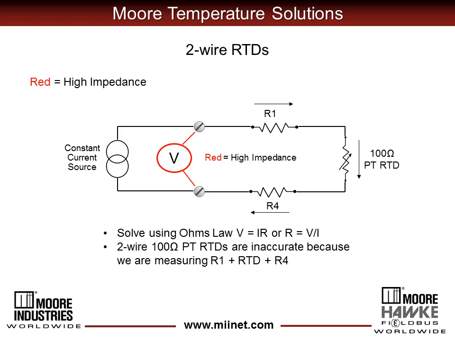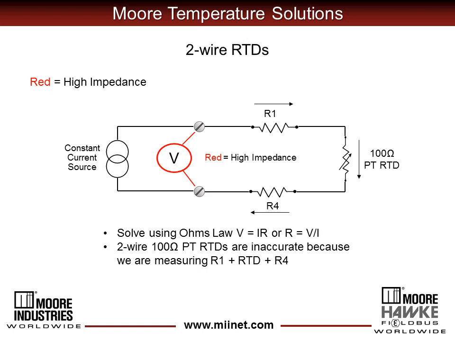We use Ohm's law to solve for resistance. And then we apply the RTD curve to read the results directly in temperature units like degrees Celsius or degrees Fahrenheit. The function of the constant current source is to maintain the same excitation current even though the resistance in the loop is constantly changing.